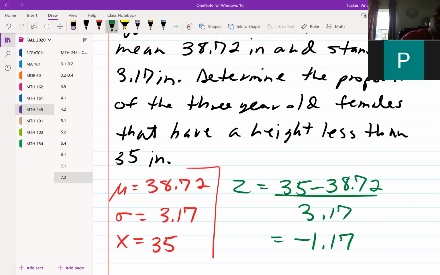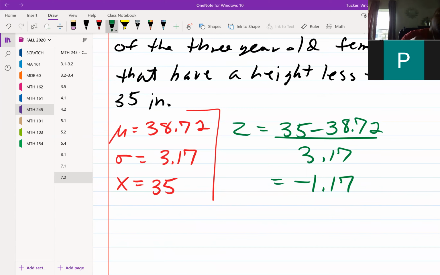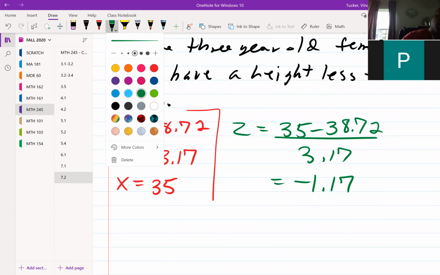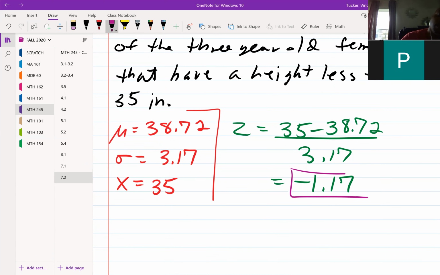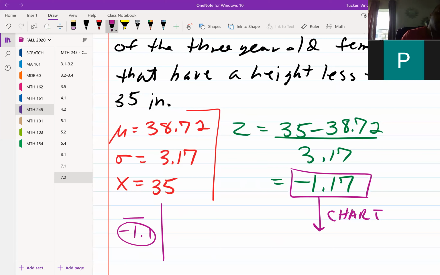Questions on that part so far? Not yet. So now we go to the chart and follow the procedure that I showed you earlier. We will look for negative 1.1 on that column, and then we'll go to 0.07 on that top row.